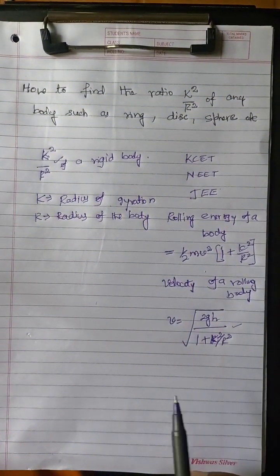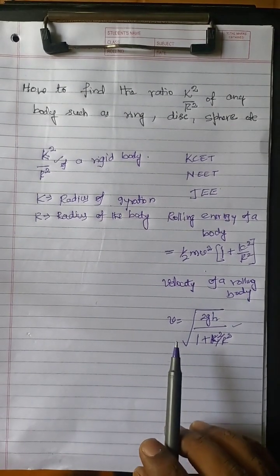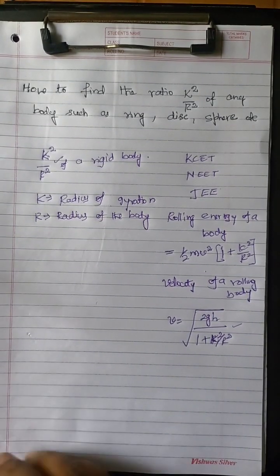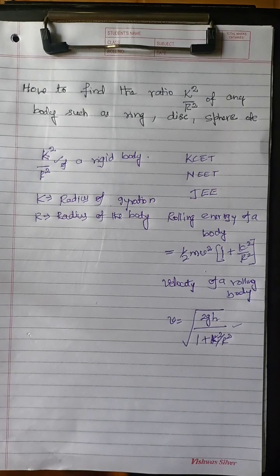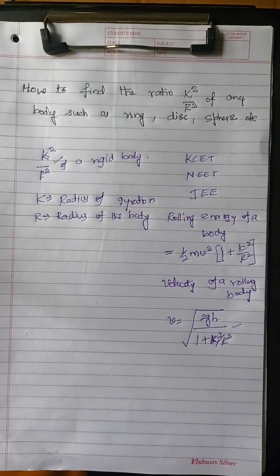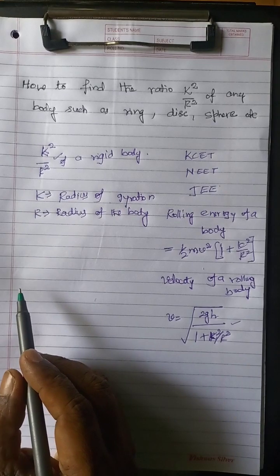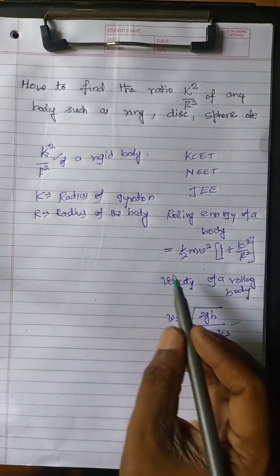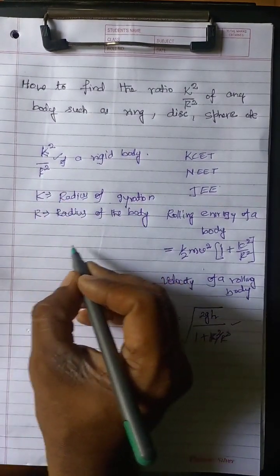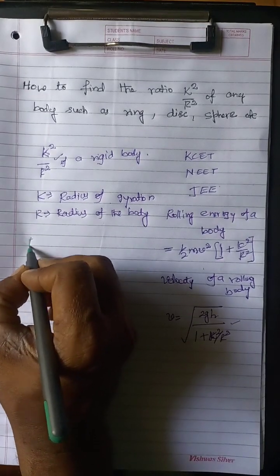So it is our duty to find either the radius of the body or the radius of gyration. Now let us try to find the value of k square by r square for a given body.